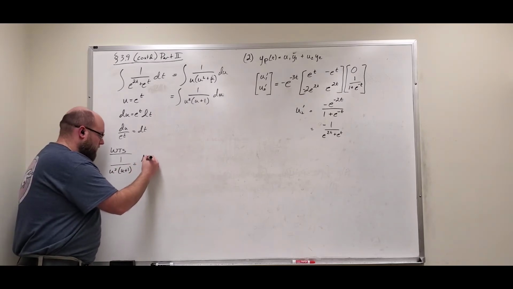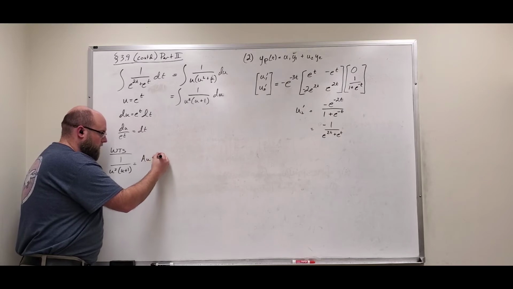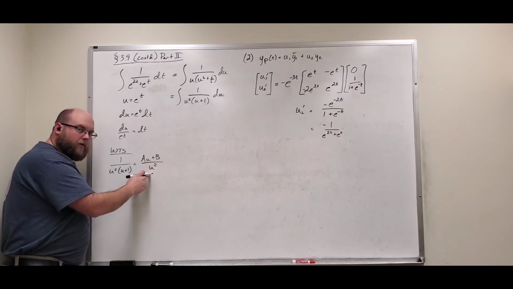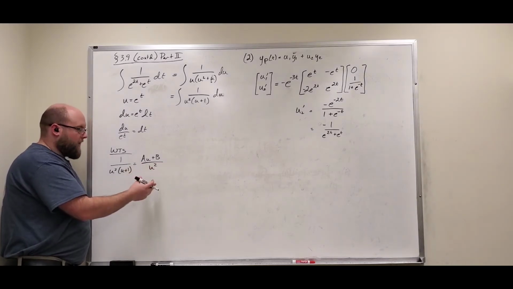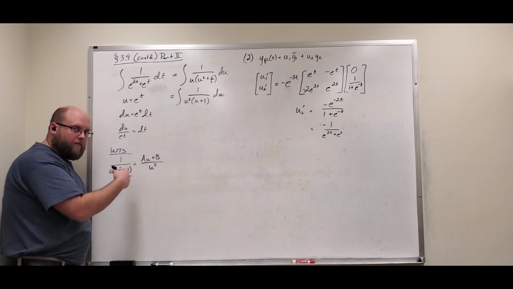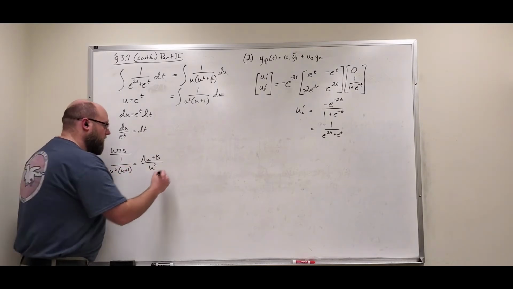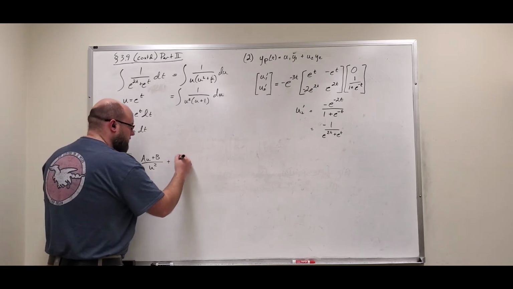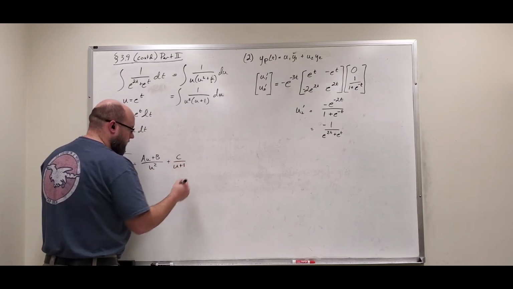I'm going to get au plus b over u squared. Anytime that you have an irreducible quadratic, typically we see x here, so it would be ax plus b. So in this case, it's au plus b because u is the variable I'm choosing to use. Plus, now our linear factor is just going to have a c over u plus 1.